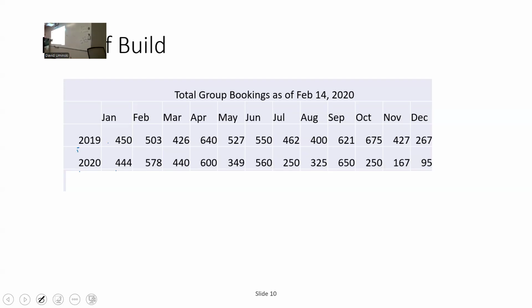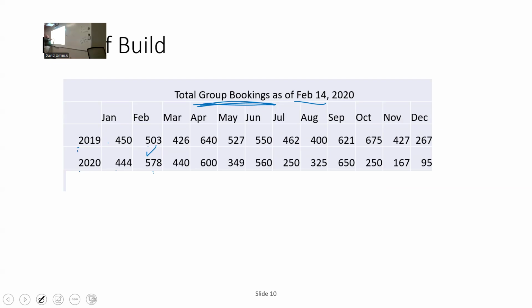We were 6 rooms shy of what we did in January the previous year. Now in February, we're 75 rooms over what we did. Think about this as our group bookings as of February 14th. So I know as of February 14th, my group bookings are already good for February. January's in the past. I can't change that. But I can look at my pace for the rest of the year.